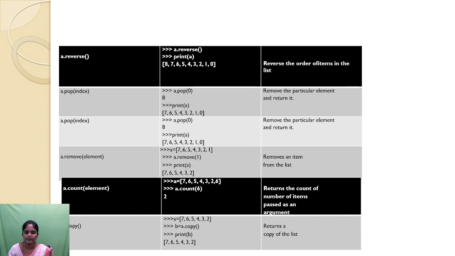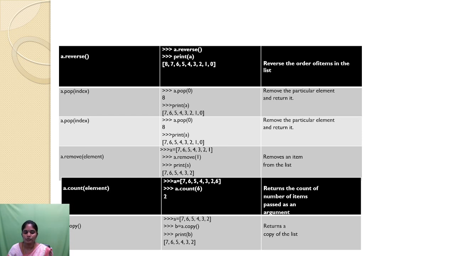Here I included the 0th index value. The value present at the 0th index is 8, so that value is removed from the list. Next, one more example for the pop index.